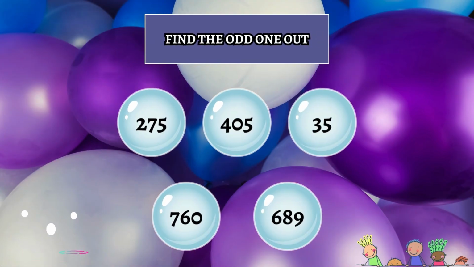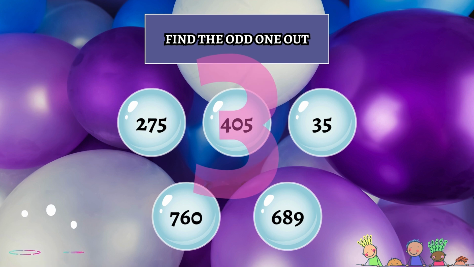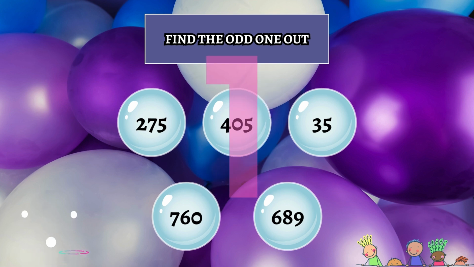Now, with this one, the objective is very simple. You need to find the odd one out. Which number doesn't belong? Okay, so when I was creating this problem, I didn't account for the 2-digit number.